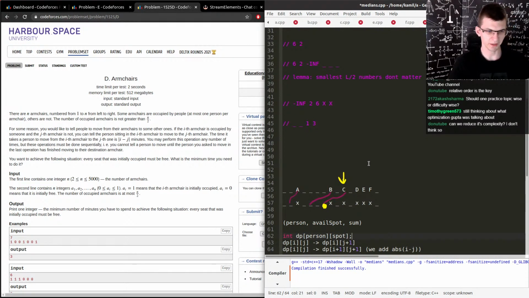Can we reduce the time complexity? I don't know. We can for sure reduce space complexity. For time, an interval of people will take an interval of spots.